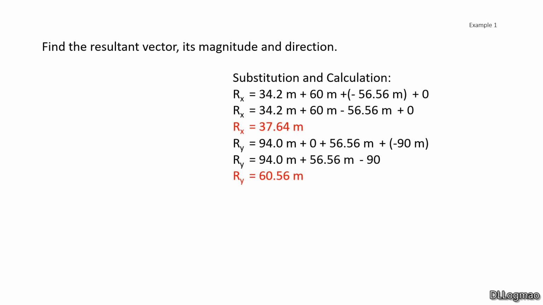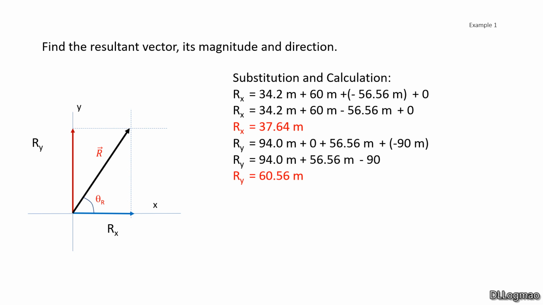When illustrated, the R sub x and R sub y and the resultant vector, as well as the direction from the positive x. Notice that both the sum of x components R sub x and the sum of y components R sub y are positive, and the resultant R is acting on the first quadrant.